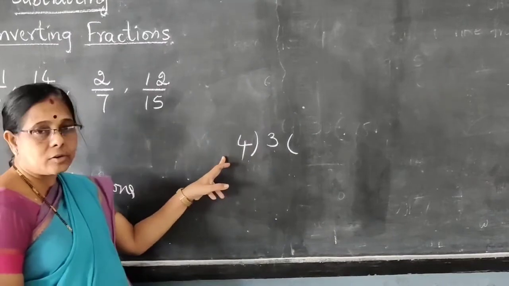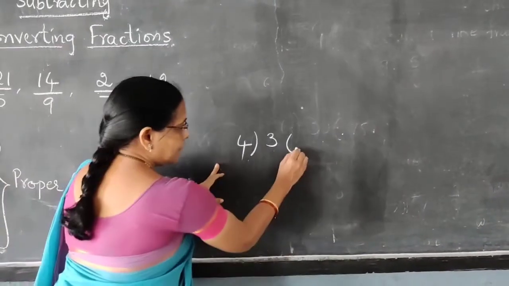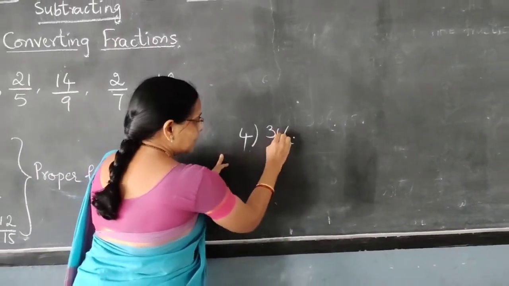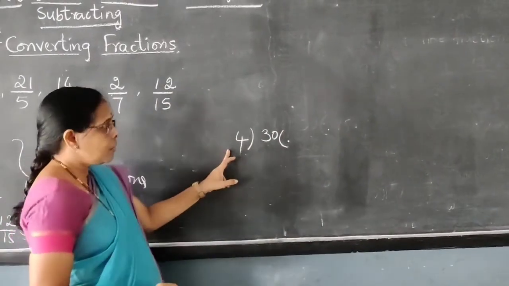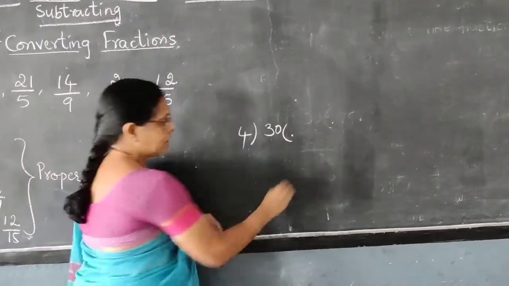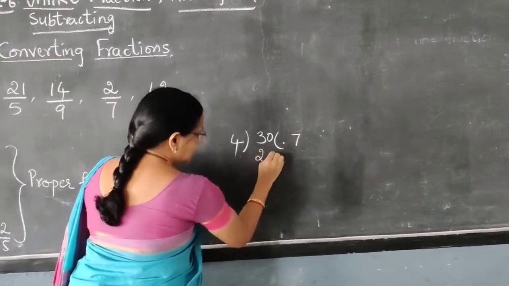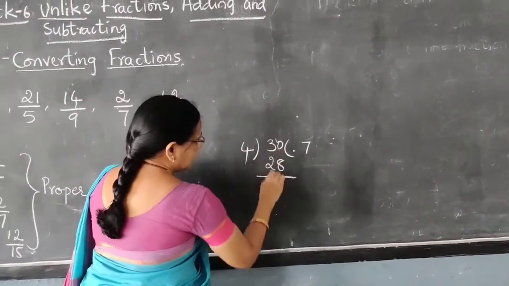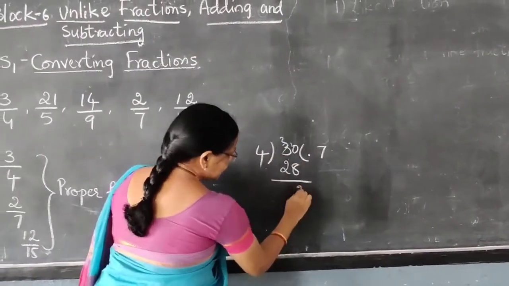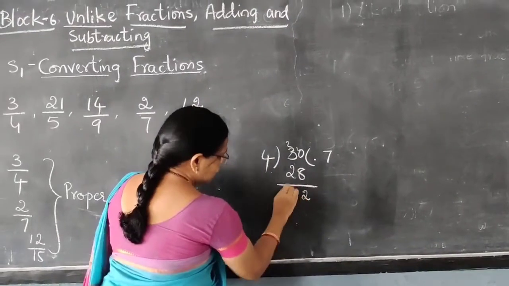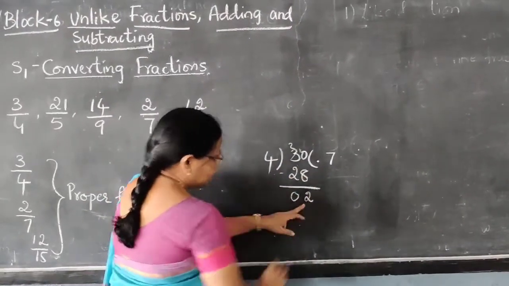So we can't divide it, children. See what we will do here? We write a point and then take a 0. Now we will divide. 4 sevens are 28. 10 minus 8 is 2. 2 minus 2 is 0. Now again here 2 is there.